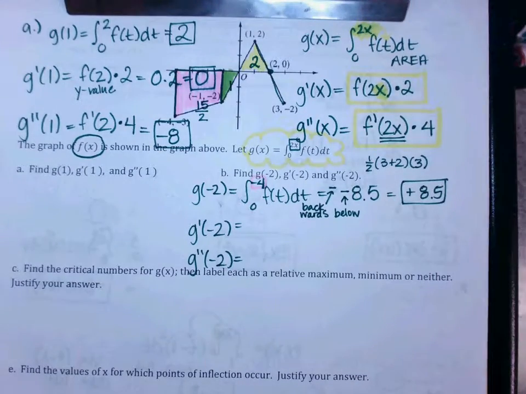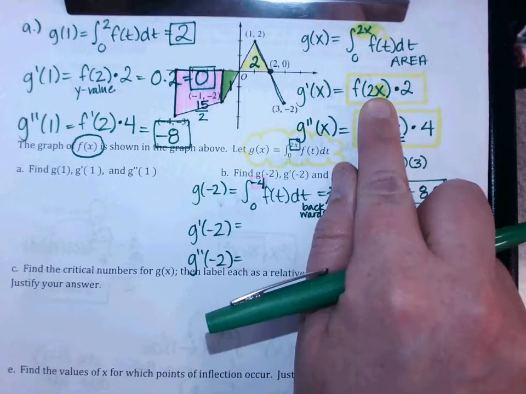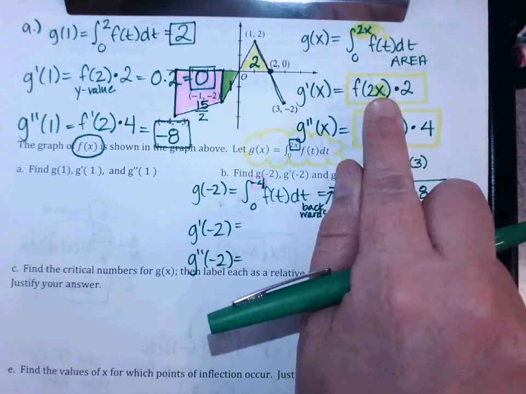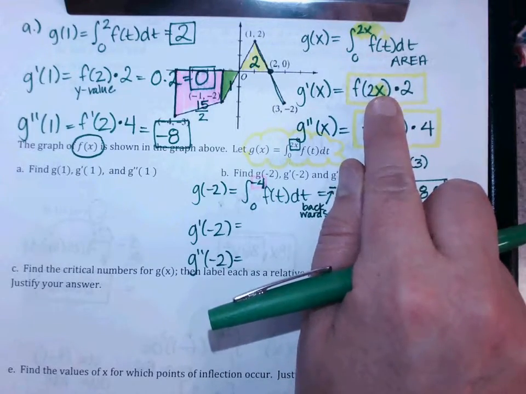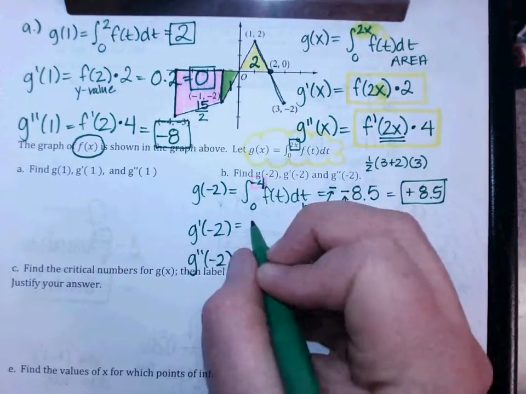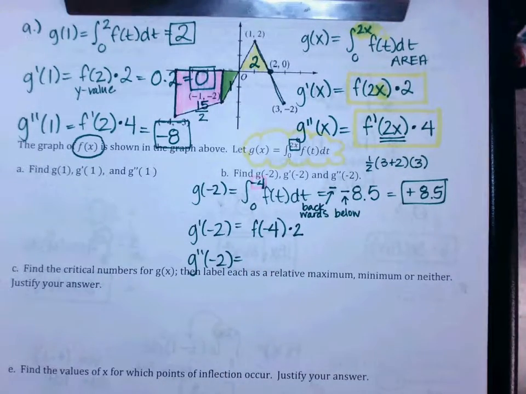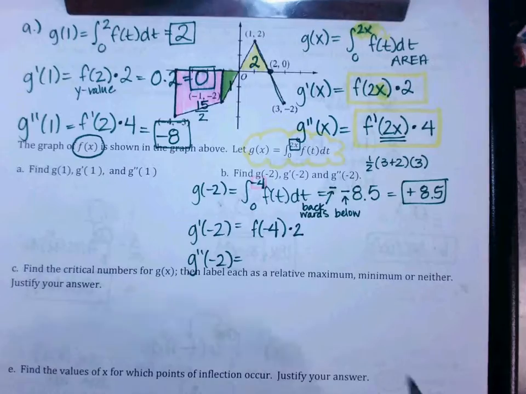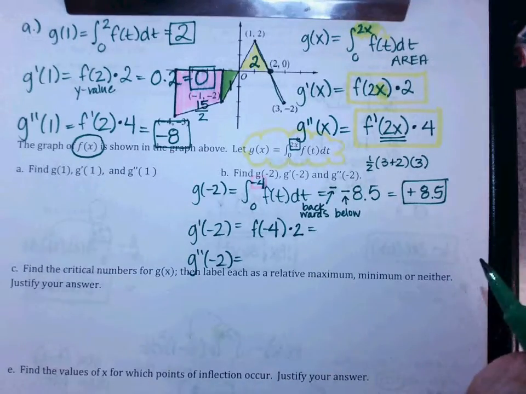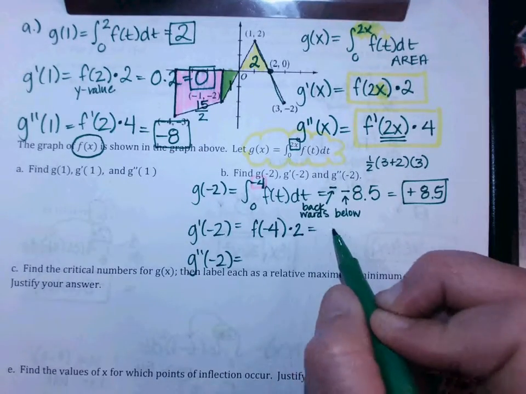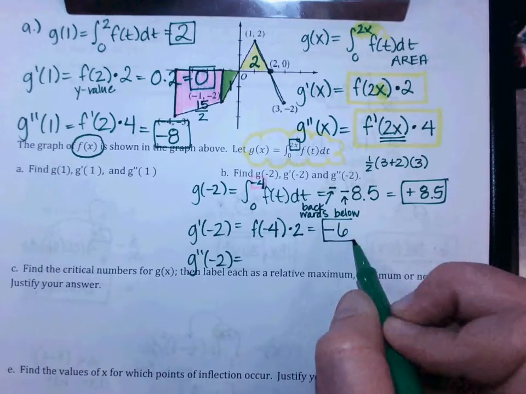Okay? Sure. Okay, second part, we want g prime of -2. Well, using my formula here, that would be f of what when I plug in a -2? f of -4 times by what? 2. What is f of -4 in your graph? -3 times 2 is -6.